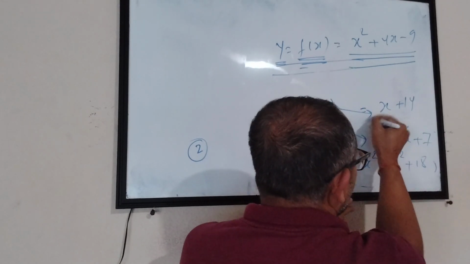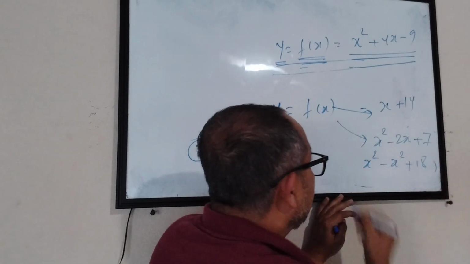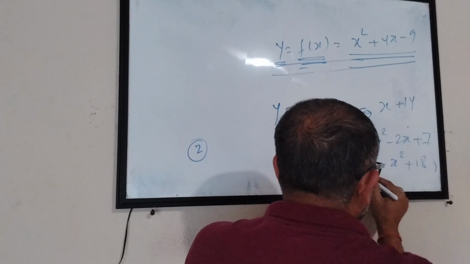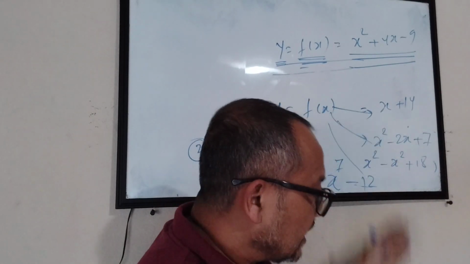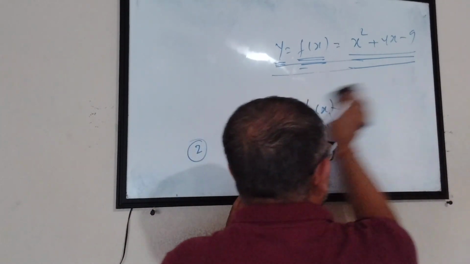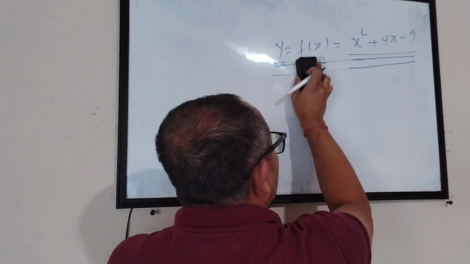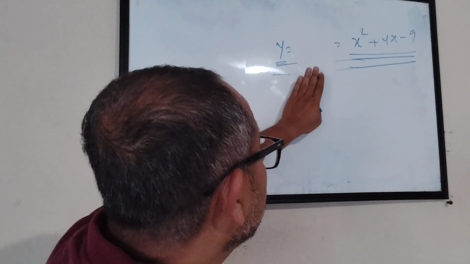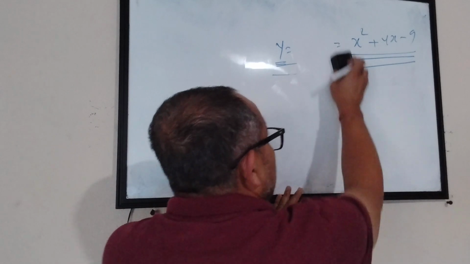So y as a function of x could be equal to x plus 14, it could be equal to this, or it could be anything else. Maybe x plus 7 minus 12. Unless you describe that, it has no meaning. So for the sake of simplicity, I am knocking it off, and now this becomes y equals this. It's the same thing.